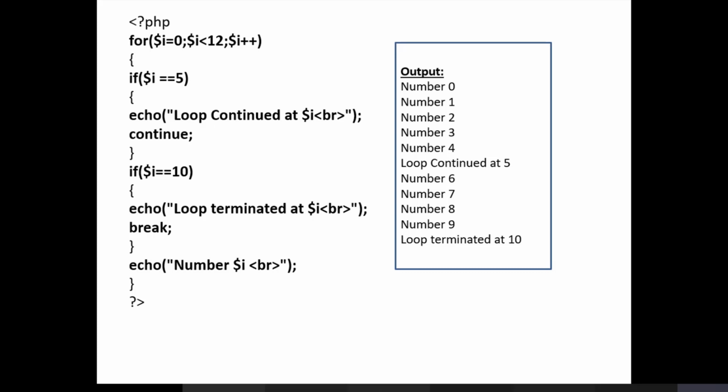At 5, when the condition is true, continue is executed, so the loop continues past 5. Then it again iterates 6, 7, 8, 9. And then break is there. Break is applied at 10, the condition becomes true, so the loop is terminated at 10.